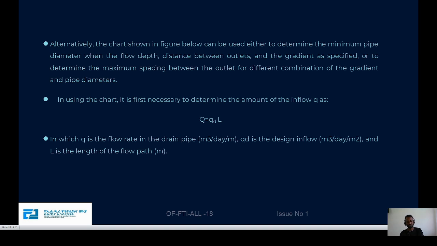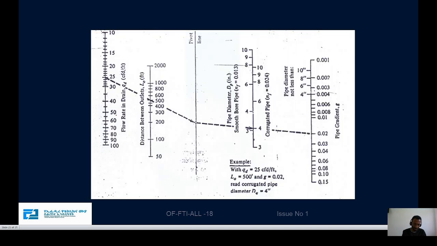From the charts, first determine the amount of flow times the length between the outlets, or the flow path. We also calculate this by using this formula. There are pivot lines, and from these lines we determine the distance between outlets.